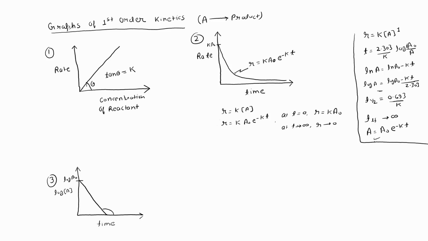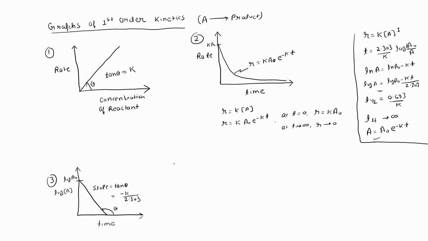If this is your theta, then slope is equal to tan theta, which is minus k divided by 2.303, not kt. So if you are given this type of curve, where log of concentration of reactant decreases linearly with respect to time, you can say the order of reaction is first order, and the slope you will get is minus k upon 2.303.